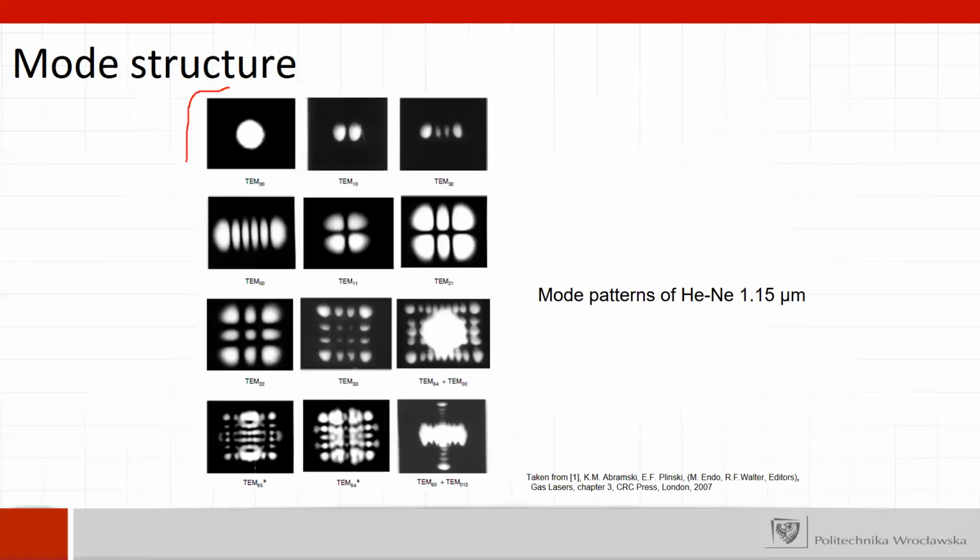So in the laboratory, we have lasers that unfortunately generate only the fundamental TEM00 mode. So we probably can't show you the higher order modes, but it's also possible to generate them. But in most of the cases, we want to have the TEM00, right?